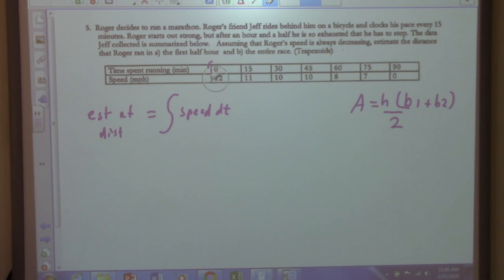So let's go ahead and figure this. What I like to do for the trapezoids is first put the number of intervals, just use blanks. So here's 1, 2, 3, 4, 5, 6, 7. So I know I'm going to have 6. Do you see why?